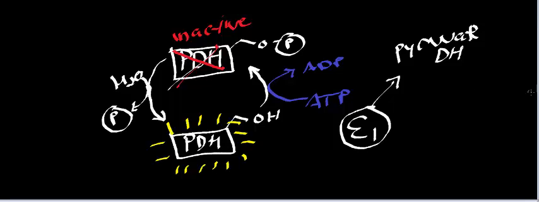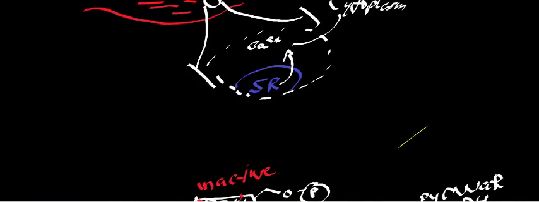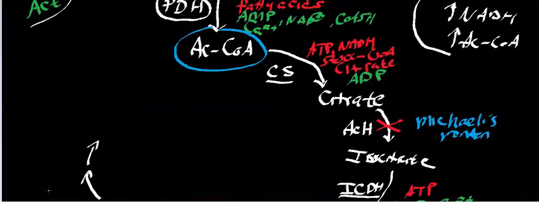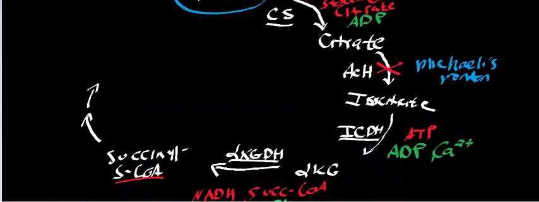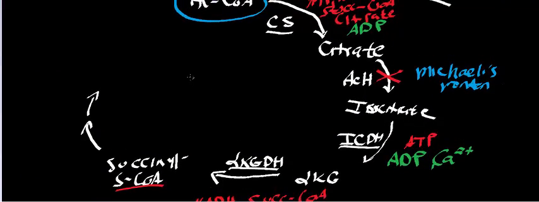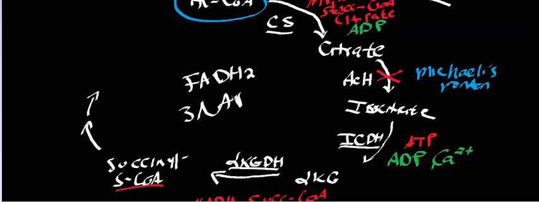Okay, so ultimately what I wanted to do in this video was just to explore the allosteric regulation of the TCA cycle. And recall also, I want to point this out, that per acetyl-CoA into the TCA cycle, we get an FADH2. Of course, that really doesn't act allosterically, but we get 3 NADHs in the TCA cycle.